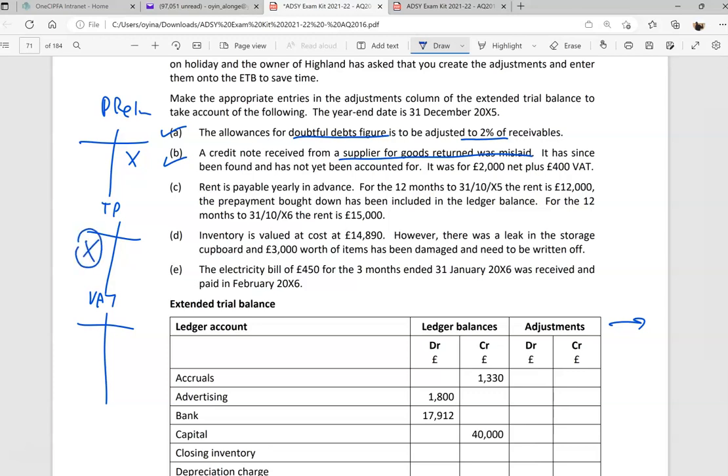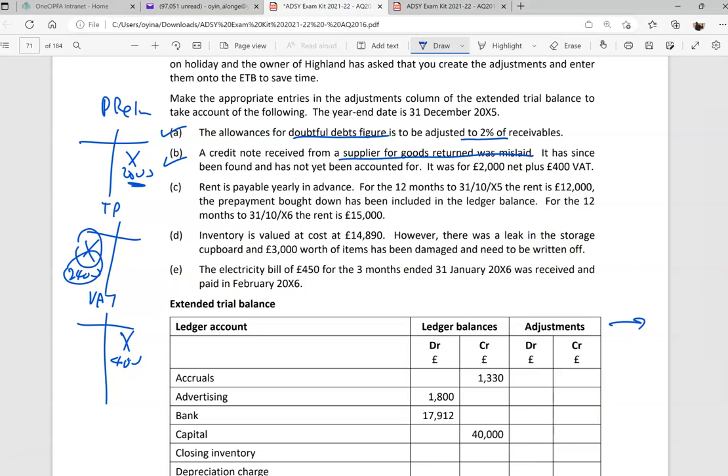The gross amount is also reducing what I owe. And it means that any VAT I've claimed, I have to return. So the credit note ultimately is for 2,400, but I'm going to have to return 400 of the VAT I potentially claimed on the initial purchase, and this will reduce my purchases.